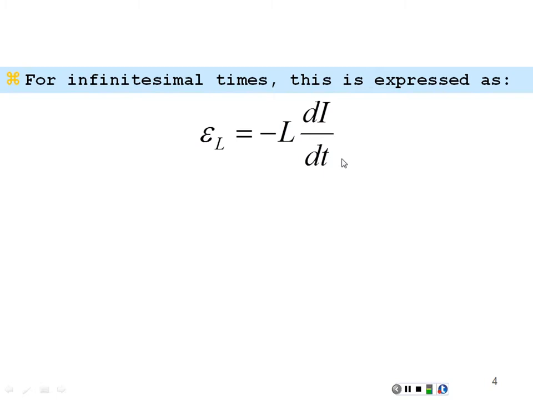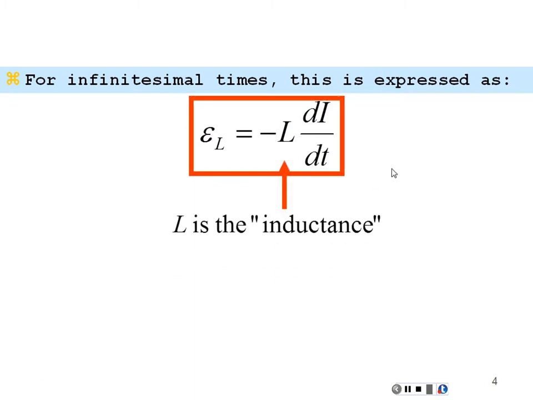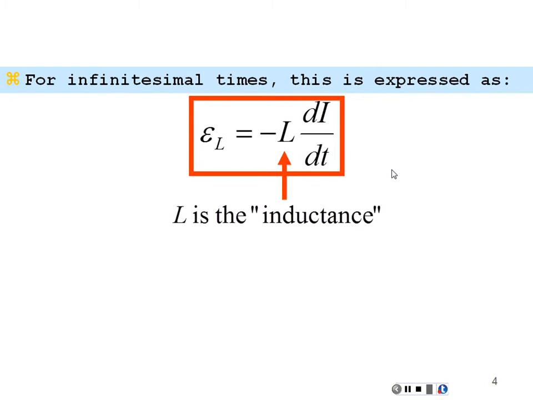Negative means it is opposing the change in current per time, and the L value is just a constant, allowing us to express this proportionality. But we have a name for this L value. It is called the inductance. So the back EMF is proportional to the change in current per time by a constant called the inductance.